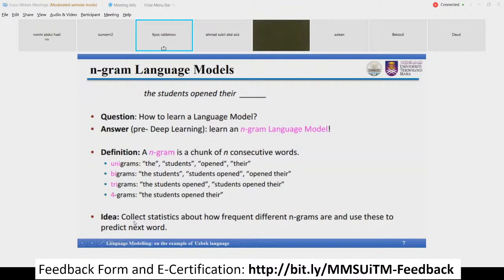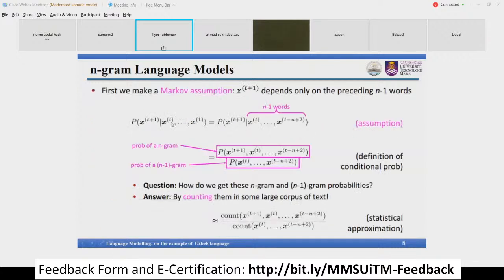The main idea of n-gram language models is to collect statistics about how frequent different n-grams are, and to use this to predict next words. First, we make a Markov assumption: xt+1 depends only on the preceding n minus 1 words.